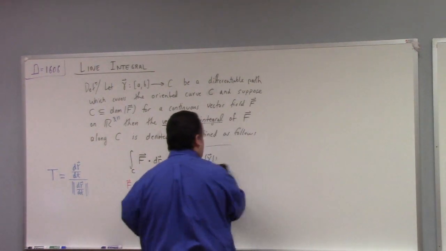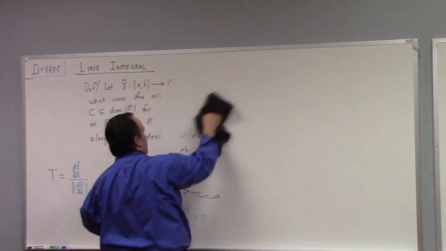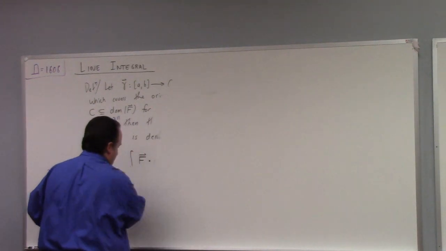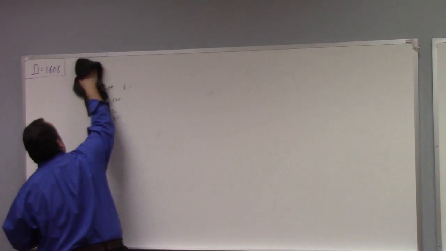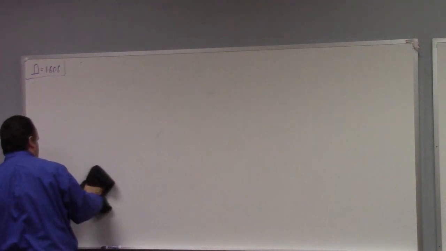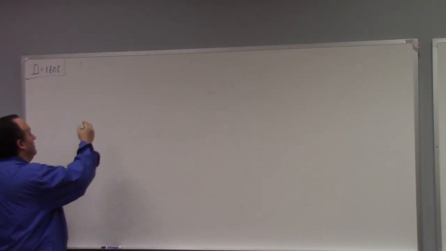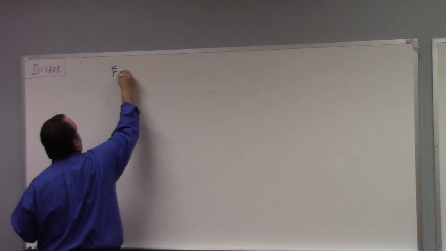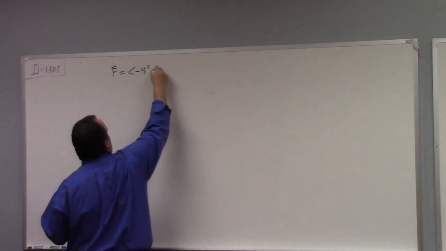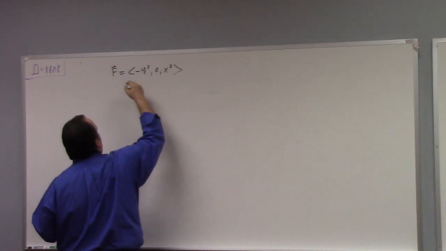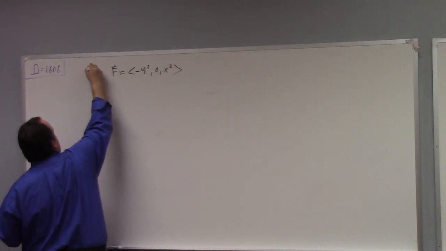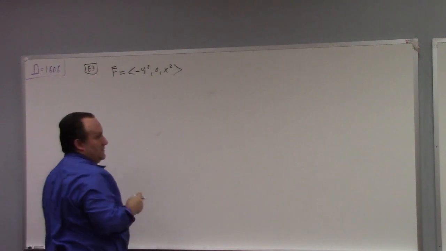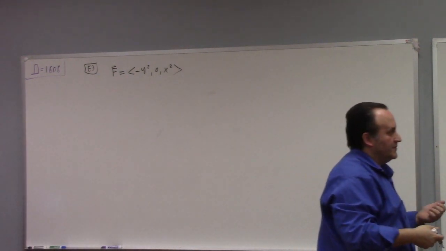One of the vector fields we had on the quiz, if I remember right, had an x squared and a y squared in it. Problem 4: I had (minus y squared, 0, x squared). So let's try to calculate a work having to do with this one. Let's try to calculate the line integral of this along some curve.